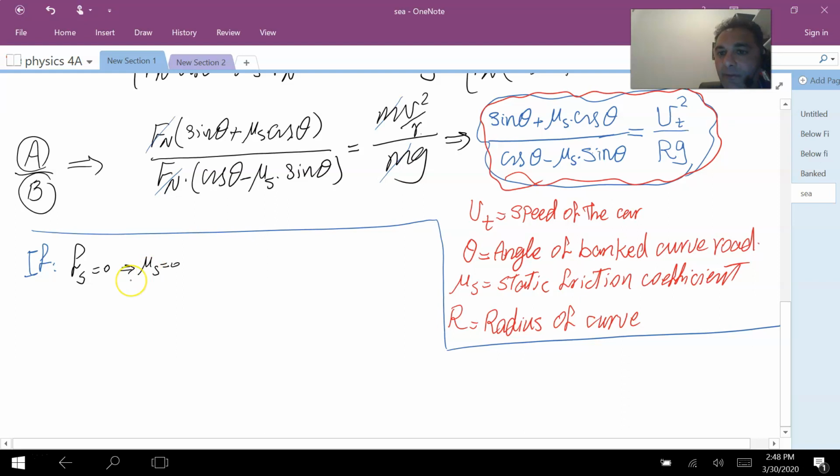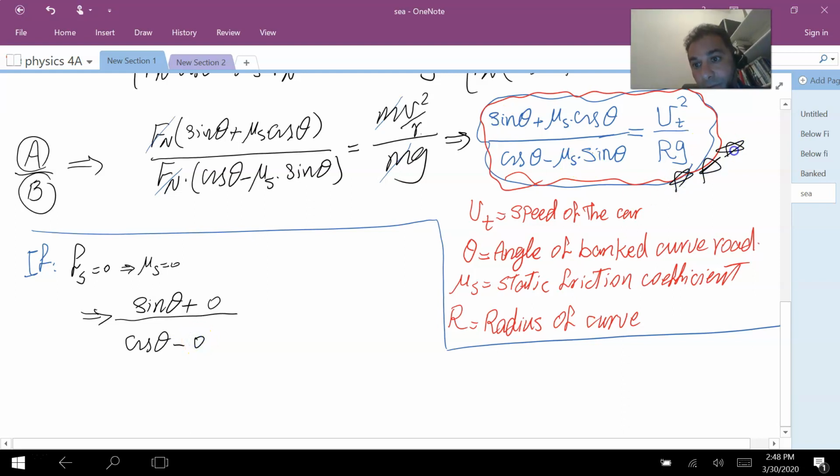So if I substitute 0 for mu s in this equation, do you know what I am going to get? I am going to get sine theta plus mu s, which is 0, so 0, over cosine theta, and mu s is 0. This is the general equation. This is a very important formula. Then this is equal to what? Am I right?